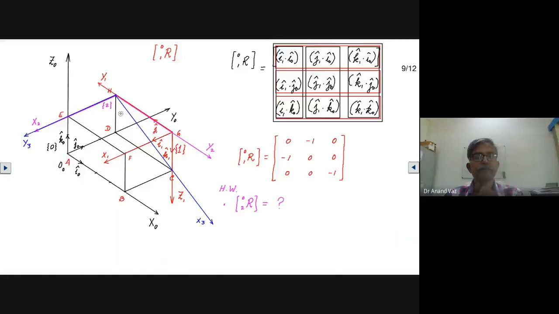Frame 3 is in blue, and you are asked to determine the orientation of frame 3 with respect to C. This is another assignment problem for you. This is homework 2, and this is homework 1.